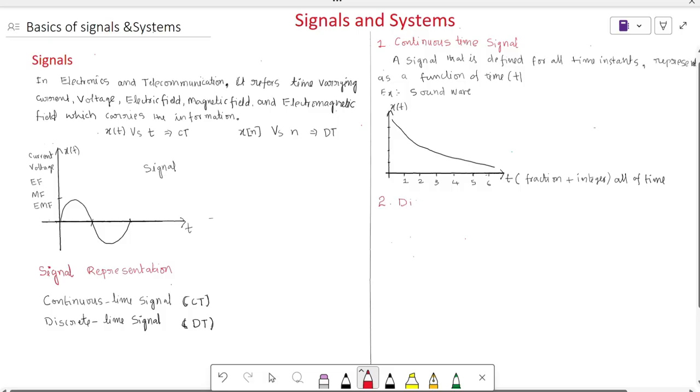So in discrete time, signal. So this discrete time signal, already I told you, it is defined for only integer values of time.